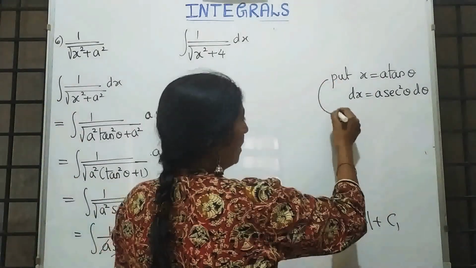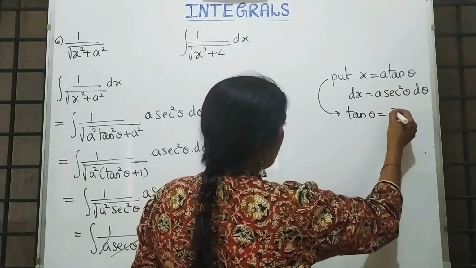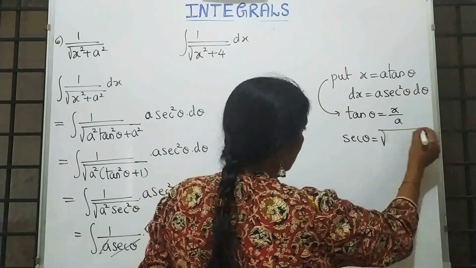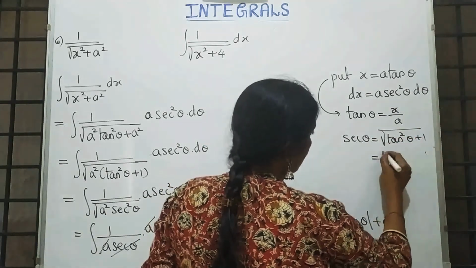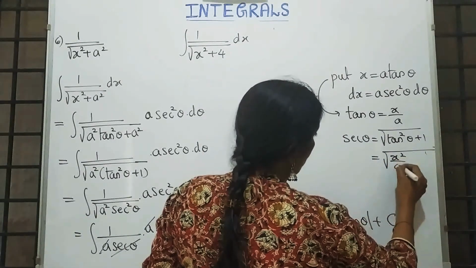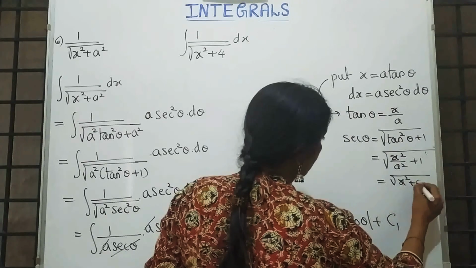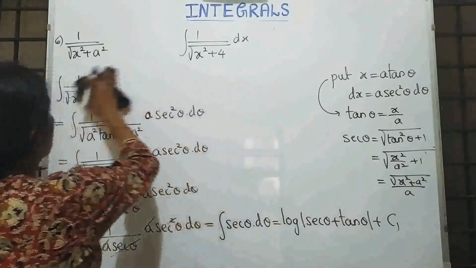See here, x is equal to a tan theta, so tan theta is x by a, and what is secant theta? Root of tan square theta plus 1, that is root of x square by a square plus 1. If you take the LCM, yes, write down these values.